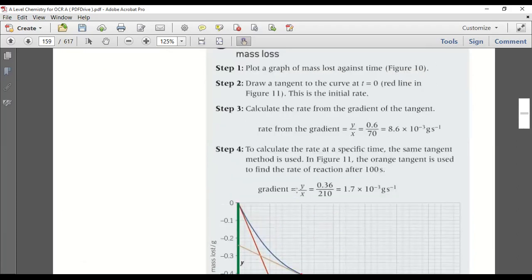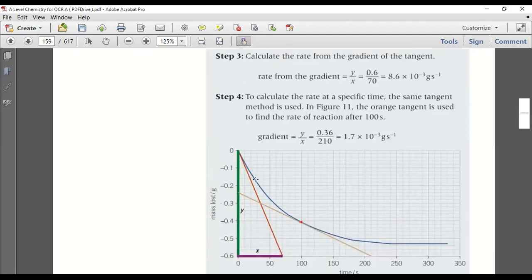Now, okay, plot the loss of mass curve. This blue line is the loss of mass. You can clearly see the loss of mass, it's coming down. Now, initially at this position, the loss of mass is from 0 to -6.